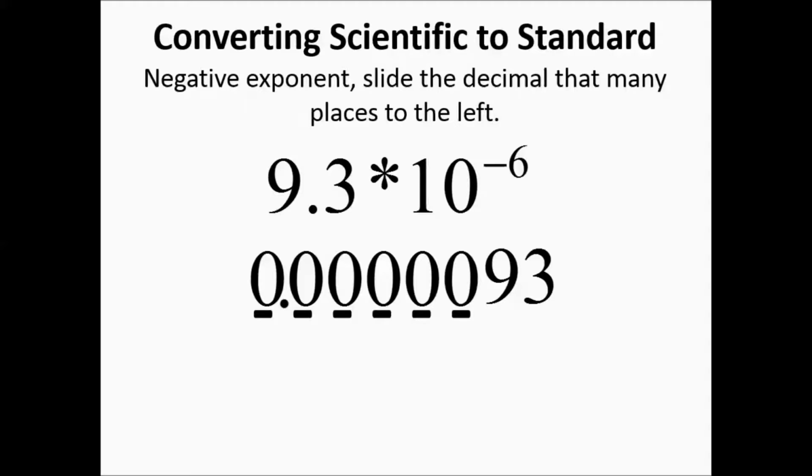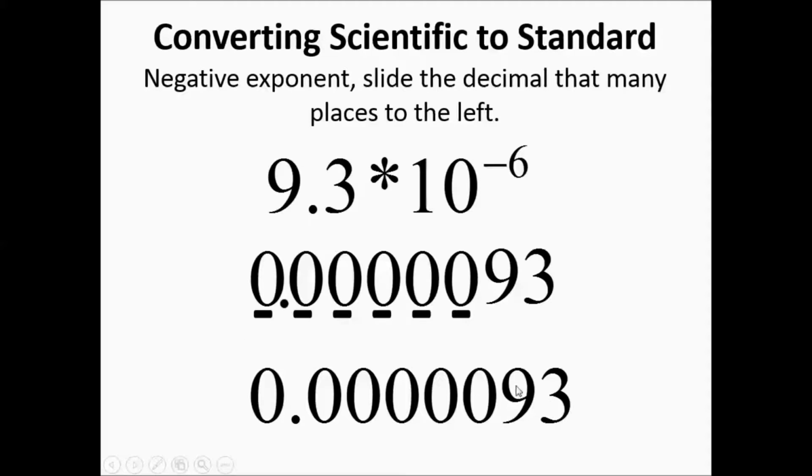So when you slide it, there's a total of 1, 2, 3, 4, 5, 6 zeros. 5 of them holding place values between the decimal and the 9, but that 6th 0 is the one out front showing the whole number spot. And that would be 93, and then let's see, tenths, hundredths, thousandths, 10,000ths, 100,000ths, millionths, 10 millionths. 93 10 millionths. It's a very, very small number.